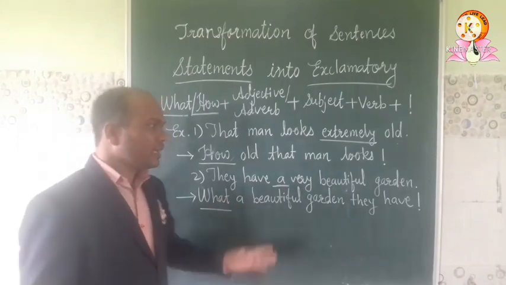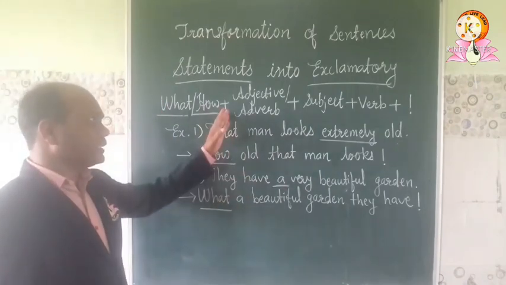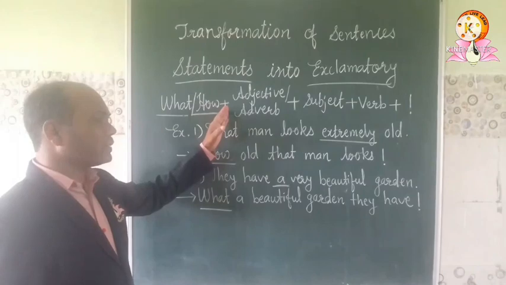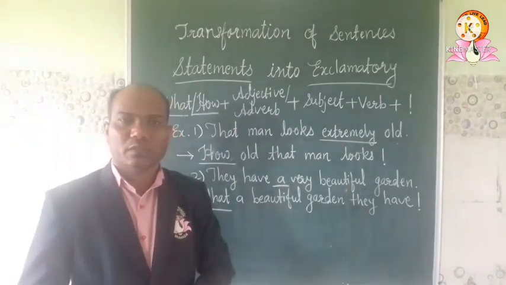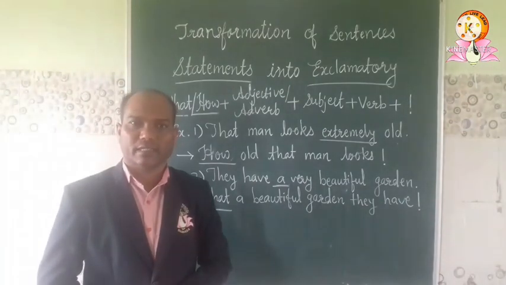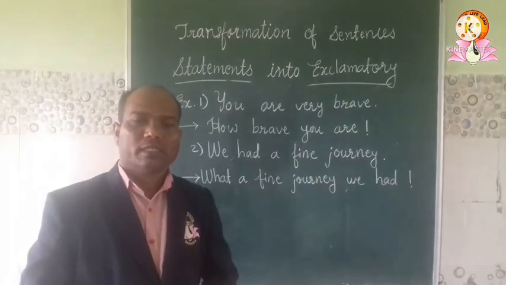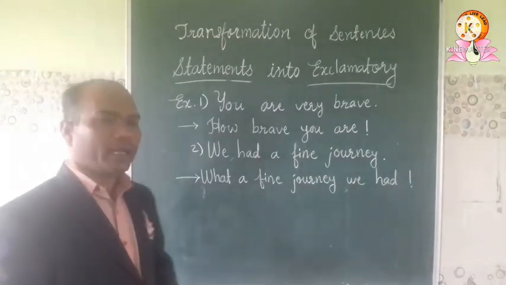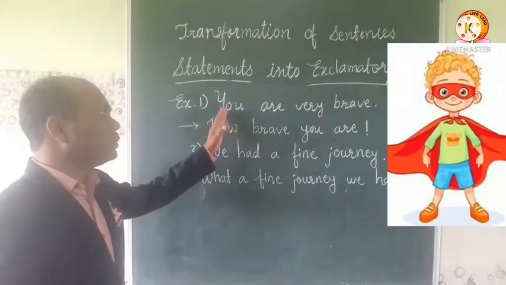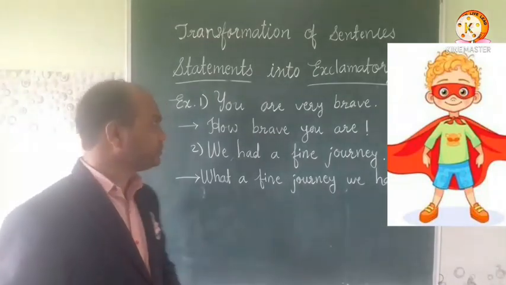Dear students, this is the general structure, and according to that we can change the given statement into an exclamatory sentence. Now once again let us understand this with some more examples. First, you are very brave.